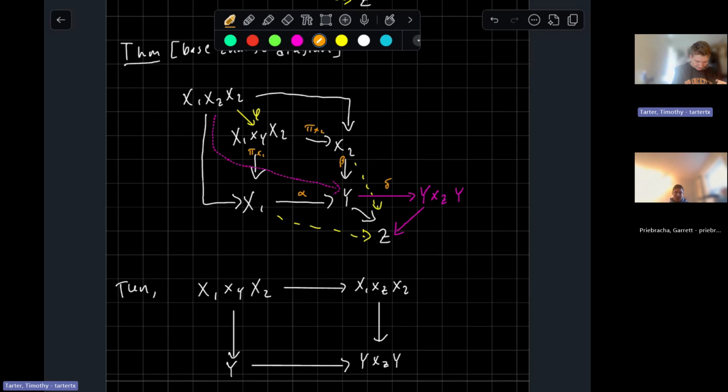Delta y, but lowercase delta y, not to be confused with capital delta. F1, F2, y to z we'll call theta.